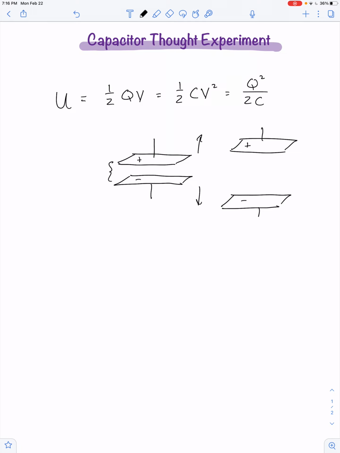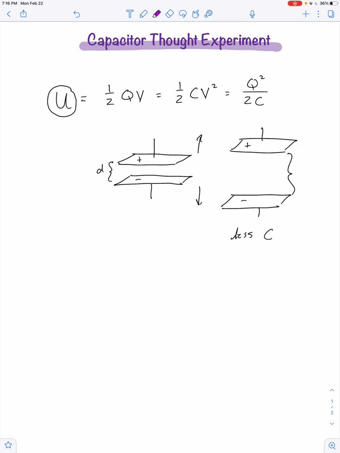So instead of a plate separation of D, we have a larger plate separation. Now we know what that's going to do. That's going to decrease the capacitance, right? Less capacitance as the plate separation goes up. The question then is, what does that do to the energy stored on the capacitor?